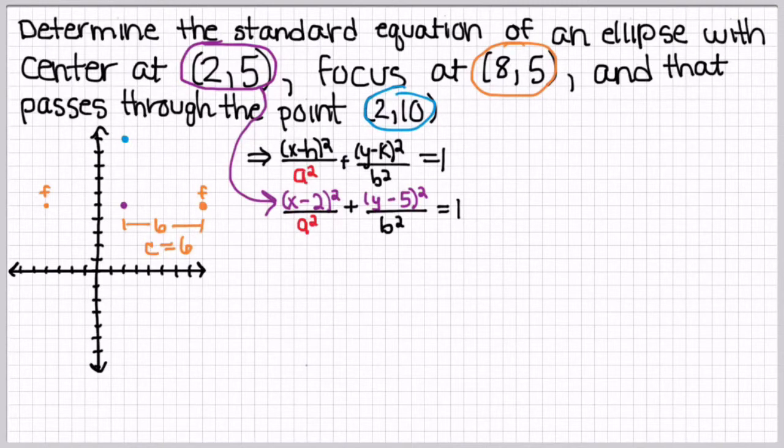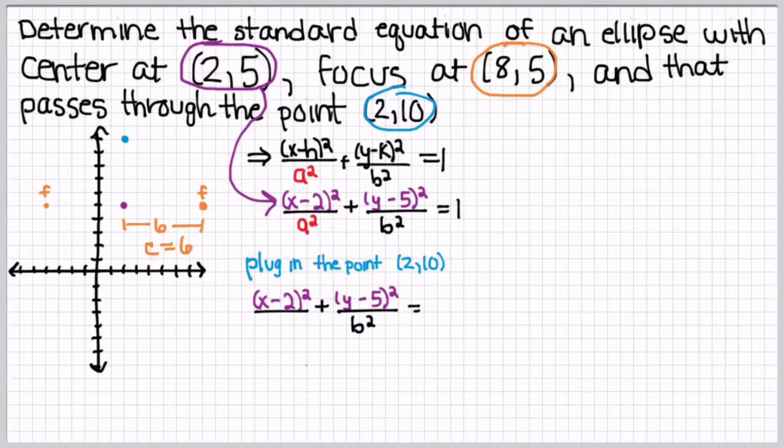And finally, I can plug in my point (2, 10) into my equation for x and y and use that to solve for either a or b. So first let me rewrite my equation for the ellipse, and then let me erase the x value, erase the y value, and instead plug in x is equal to 2, y is equal to 10.